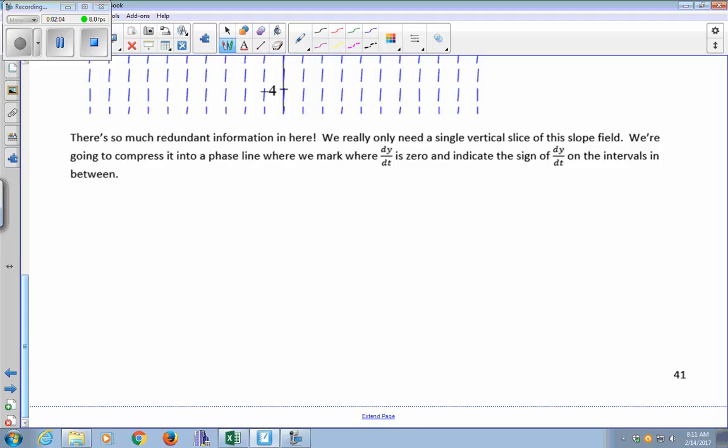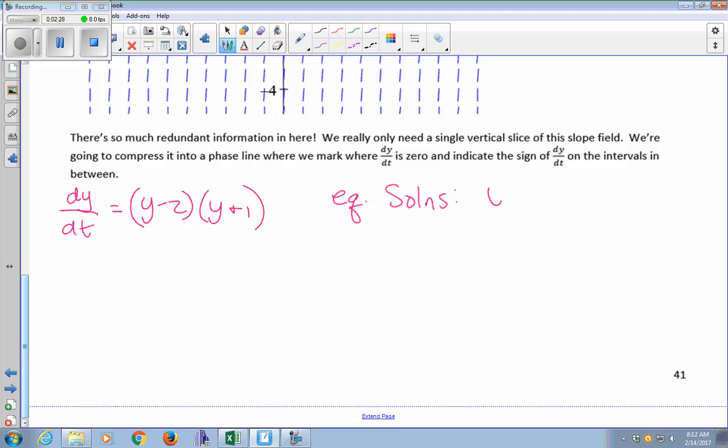All right, so my differential equation is dy/dt equals (y minus 2) times (y plus 1). Where are my equilibrium solutions? -1 and 2, right? Equilibrium solutions happen when the derivative is 0. y equals 2 and -1.